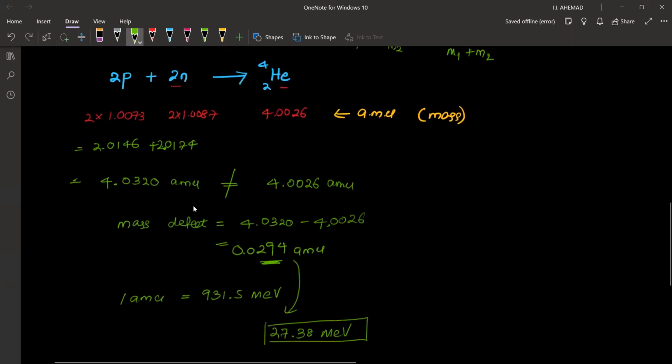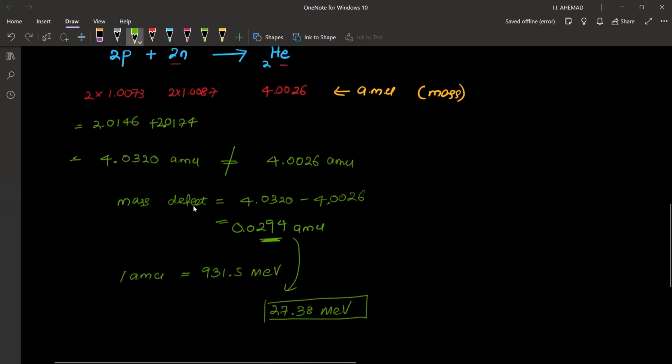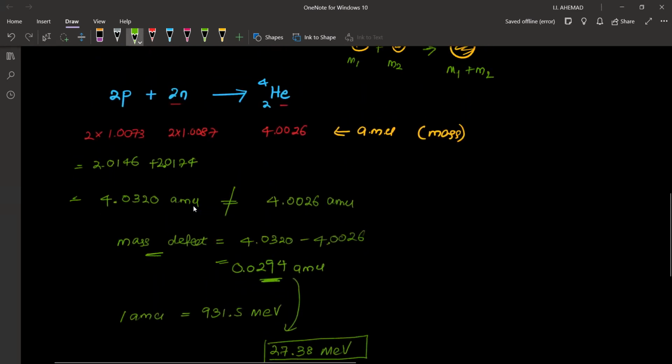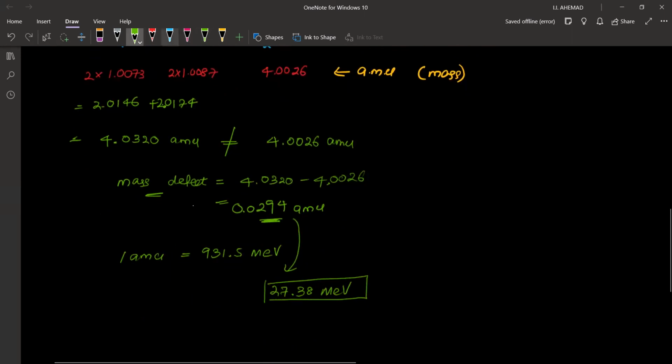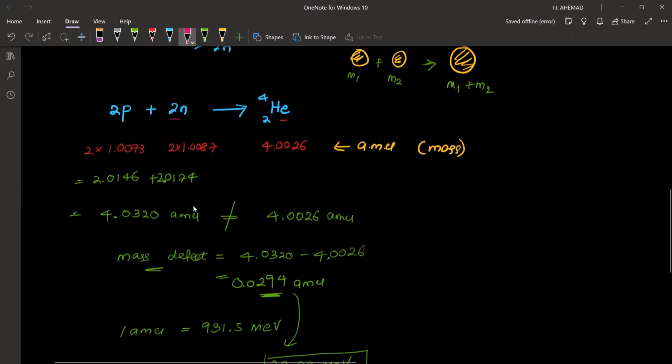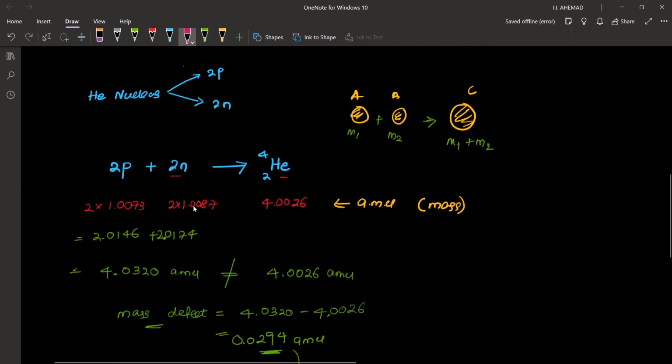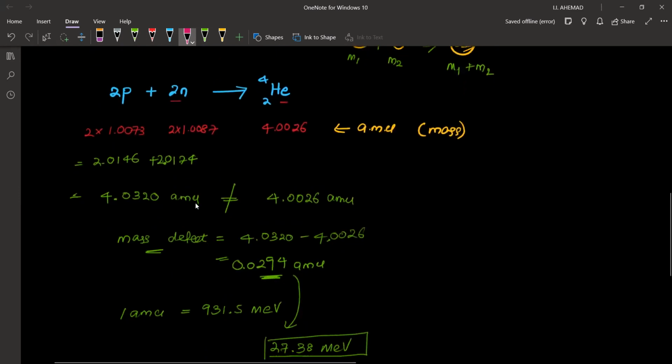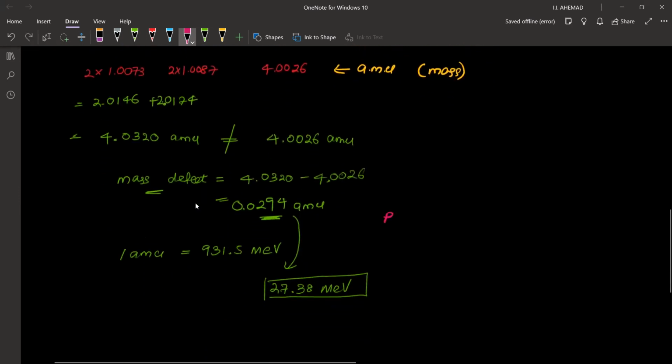So the missing mass, the mass defect, has actually been converted into energy. It has been converted into energy between the bonds. To hold these protons and neutrons together, we have binding forces, right? So it has been converted for that. That is why there is a defect or reduction in mass.